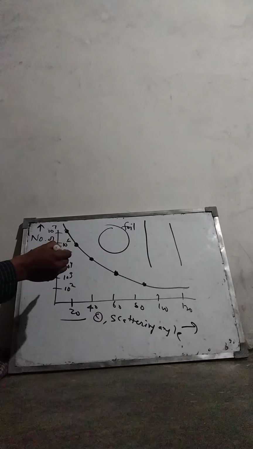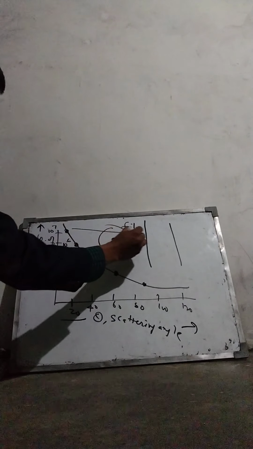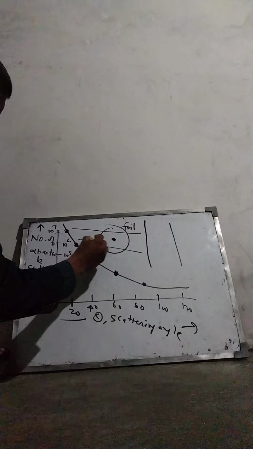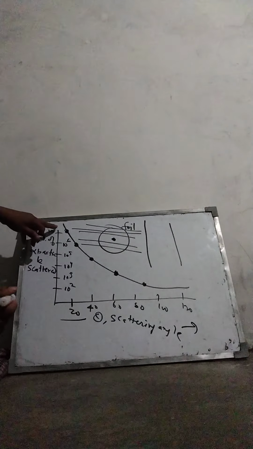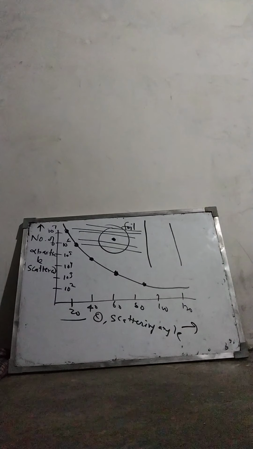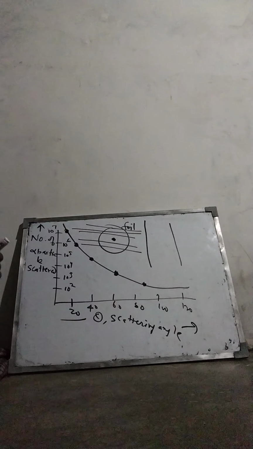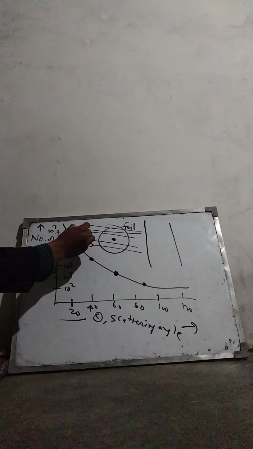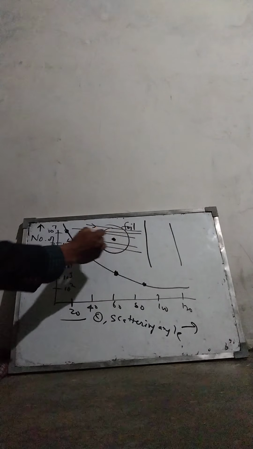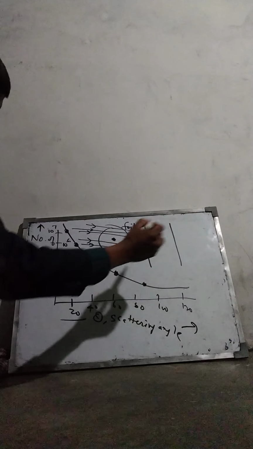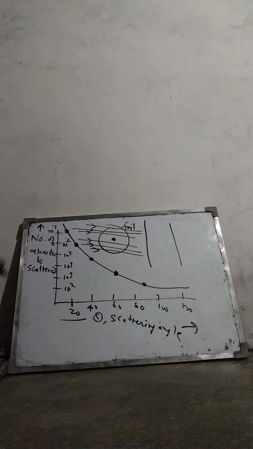Because if you consider an atom like this, and it has a nucleus, and alpha particles go like this, straight through. If there are 10 to the 7 particles and the scattering angle is less than 20, why is this happening? Because most alpha particles pass through the gold foil undeviated, with no deflection, which means most of the atom is empty space.